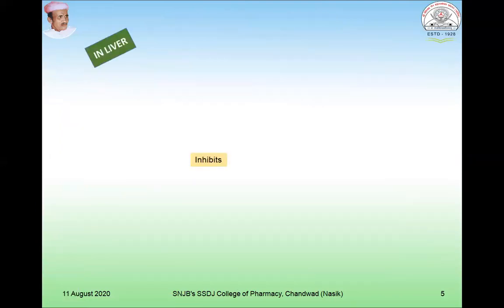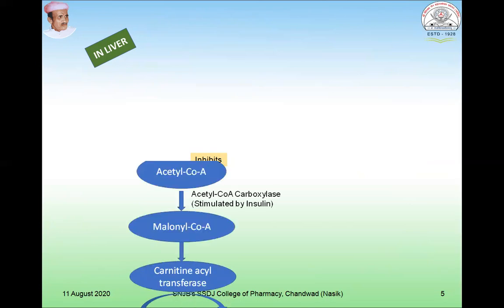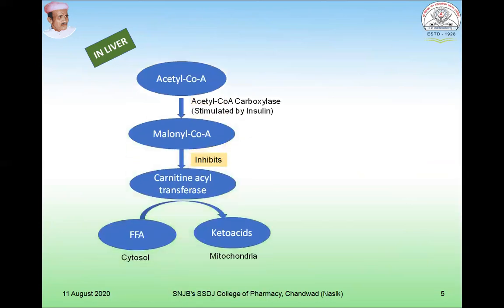Now the effect of insulin on liver is explained here. Now in liver, what happens? Fatty acids are also synthesized from glucose by insulin by some mechanism.